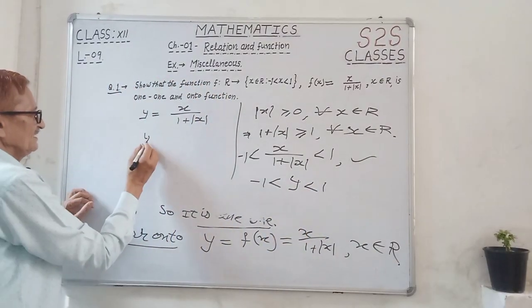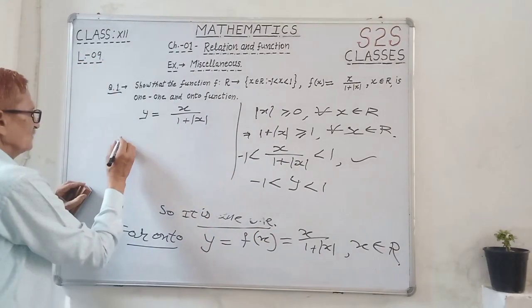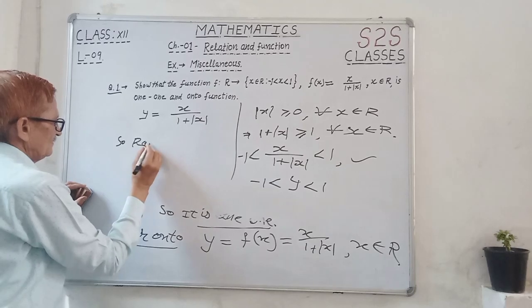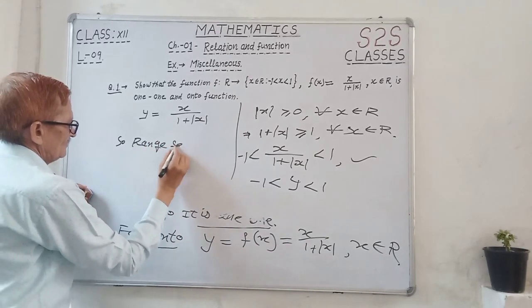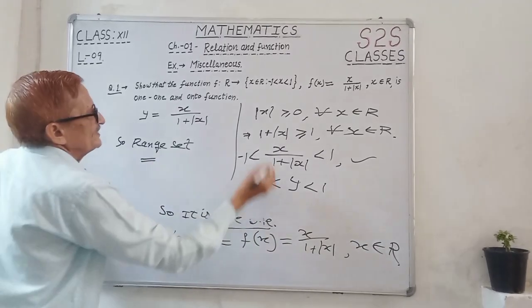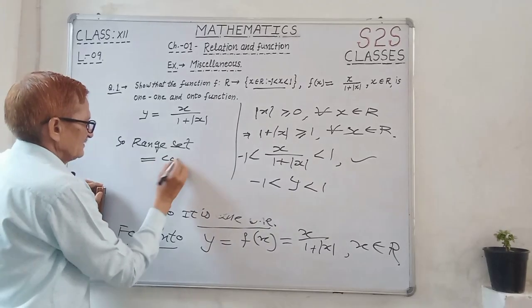So the range set is equal to this, and this is our codomain set also, the same.